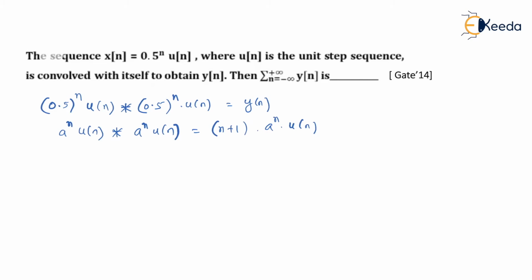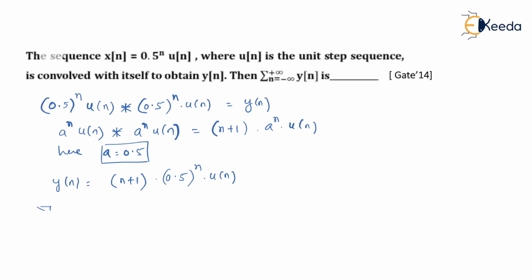So here a is equal to 0.5. So finally I can write y of n like this, that is n plus 1 into 0.5 to the power n u of n. So this is y of n, but they are not just asking you y of n, they are asking you to do the summation.